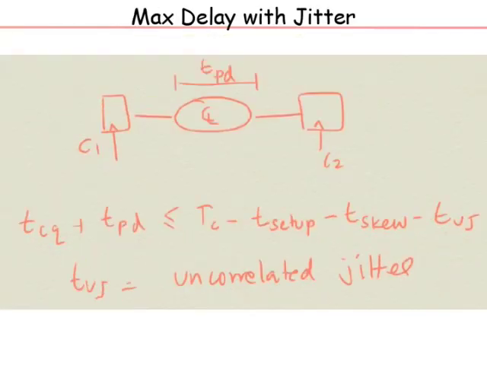If you go back to this, TCQ and T setup are all overheads related to the sequencing element. They are eating away margin from your clock period. In very high performance designs, if you recall, we said the clock period will be about 12 fan out 4 delays.